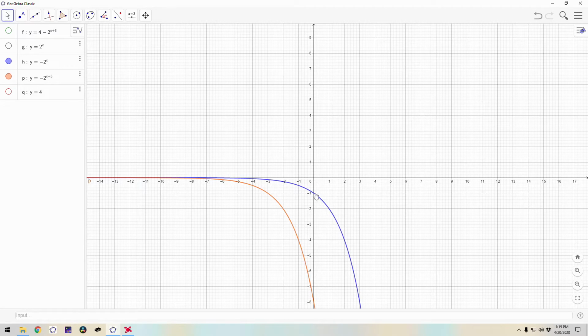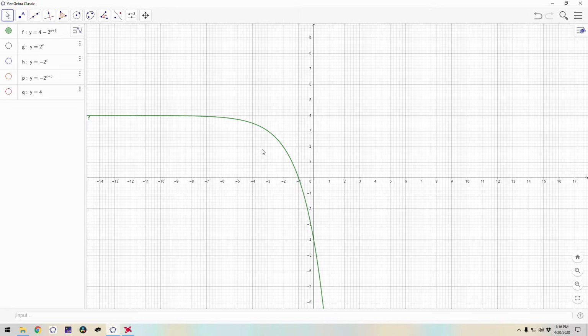Which makes your center move from here to here. So it's now at negative 3, negative 1. And then from there, I'll do the shift up of 4 to finish it out. So it goes from here up to here, right where the center was where we calculated it the last time, at negative 3, 3. Okay, also note the asymptote has been shifted as well. It is at y equals 4.